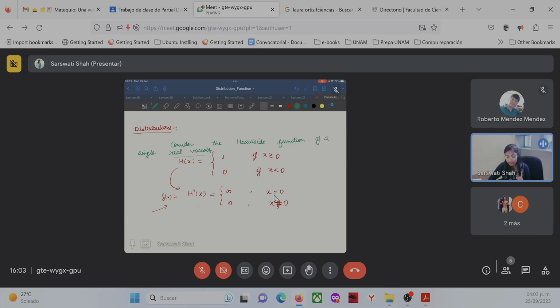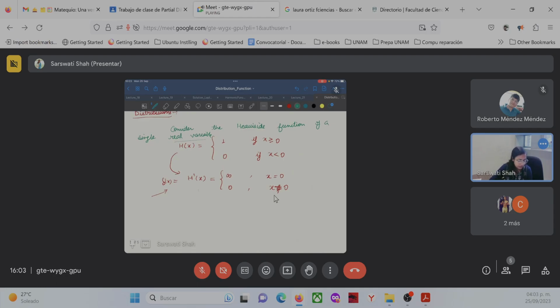Its derivative is the Dirac delta function in one dimension. In another dimension, we don't know. So this Heaviside function is a C1 function or not? This function is C1 or not?